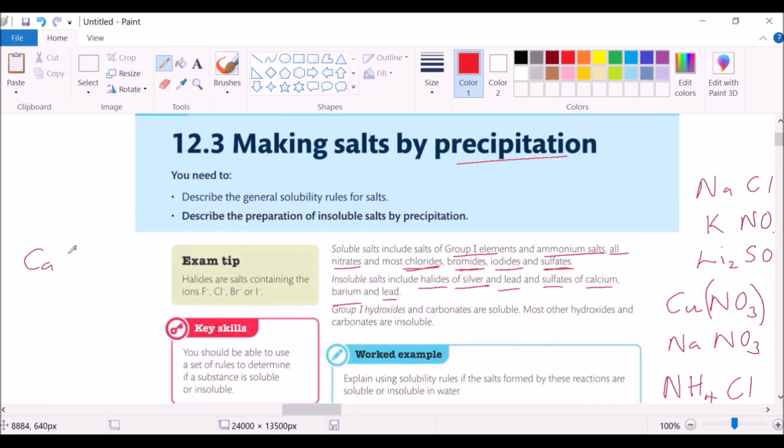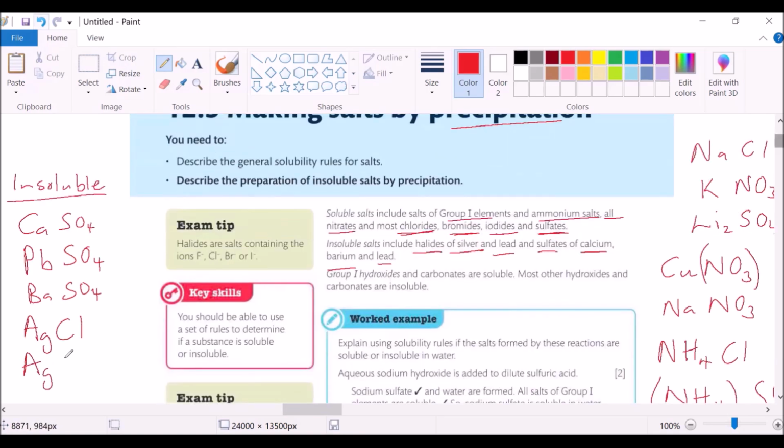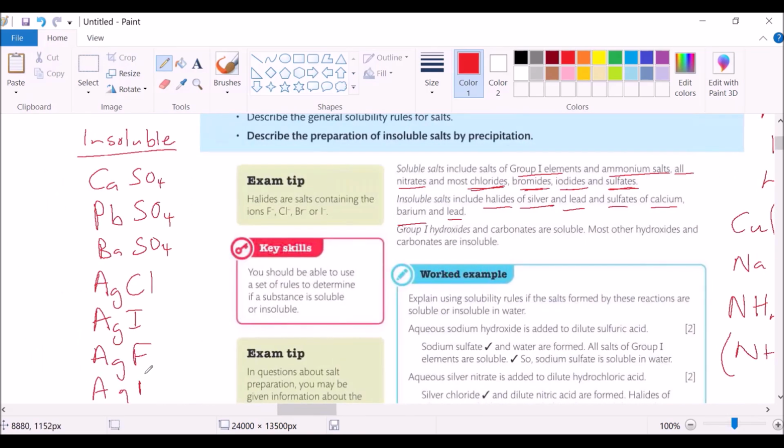So calcium sulfate, lead sulfate, and barium sulfate are insoluble, as well as halides of silver. So silver chloride, silver iodide, silver bromide. All these are insoluble.